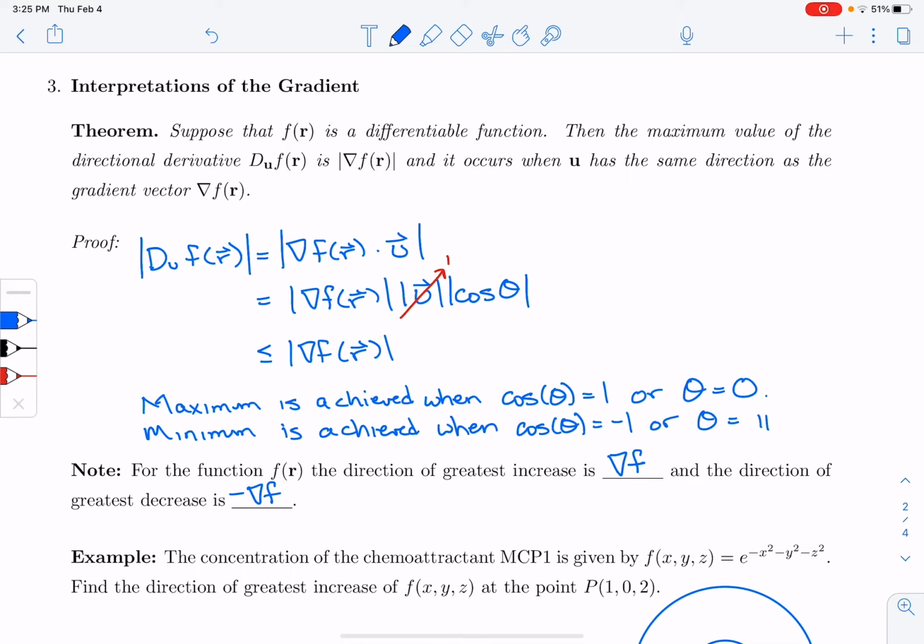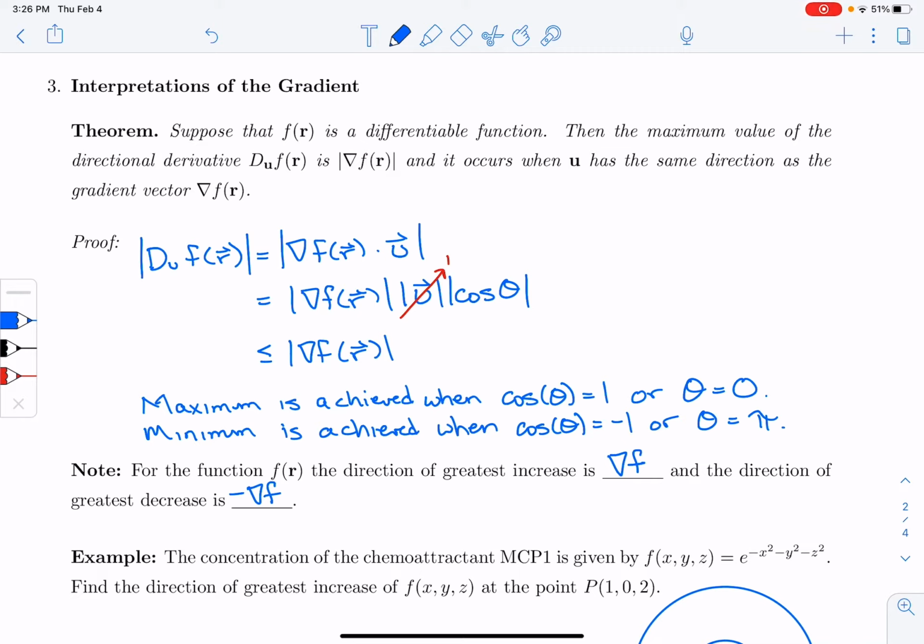So it's in the opposite direction. So the gradient tells us that direction of greatest increase, or minus the gradient tells us that direction of greatest decrease. And the magnitude of the gradient tells us the maximum value of the directional derivative.